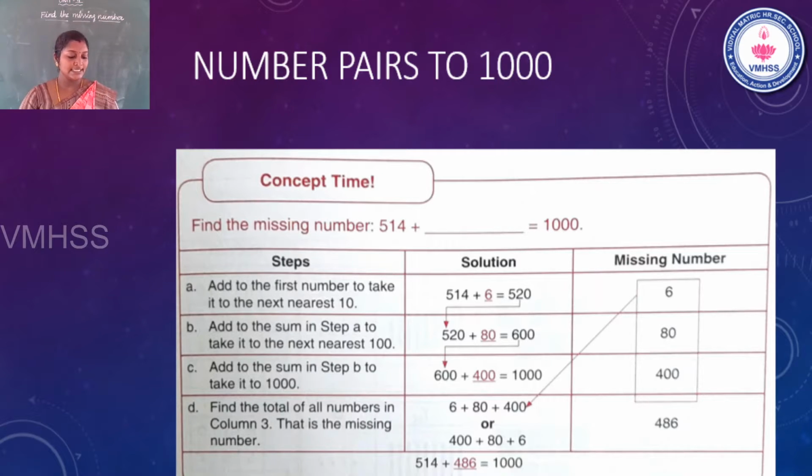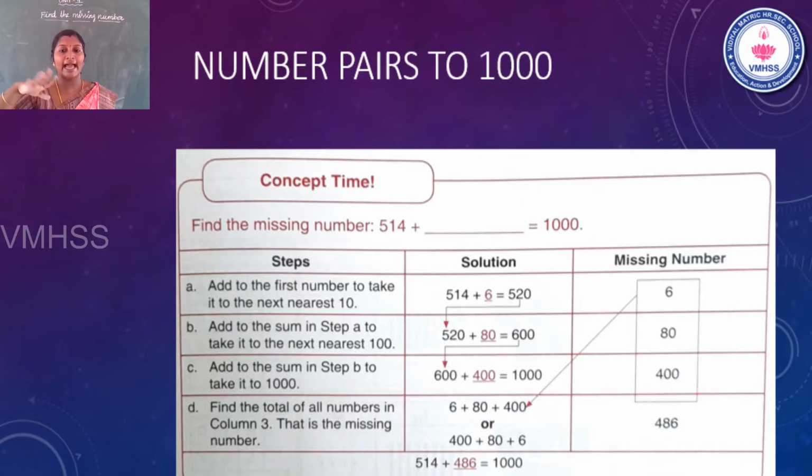Okay, students. So first one, add to the first number to take it to the next nearest 10. So that's the first step. Second step, add to the sum in step 1 to take it to the next nearest 100.